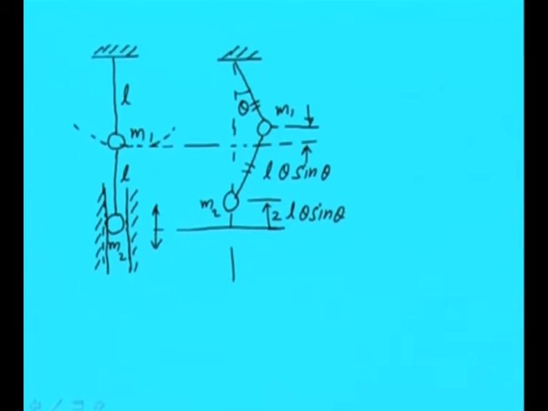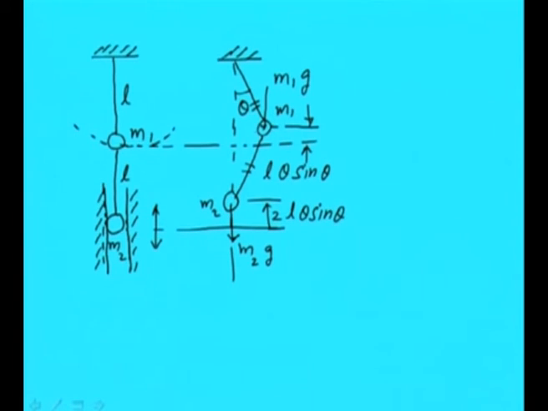Now we will apply the various forces which are acting on these masses. We know that here m2g is acting, and here we have m1g in the downward direction.